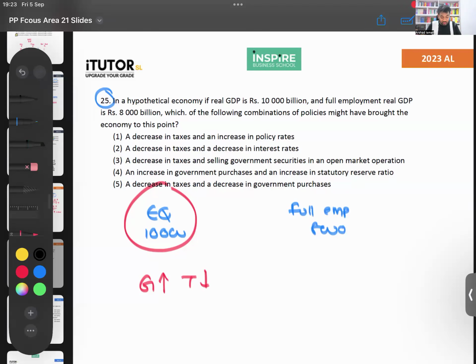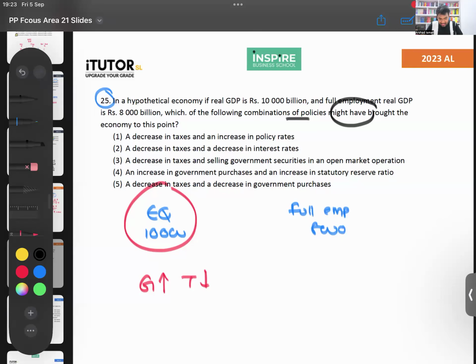They are asking which combination of policies might have brought the economy to this point. How come you got an inflationary output gap? What was the reason behind it? The reason could have been that you increased government spending or reduced taxes.